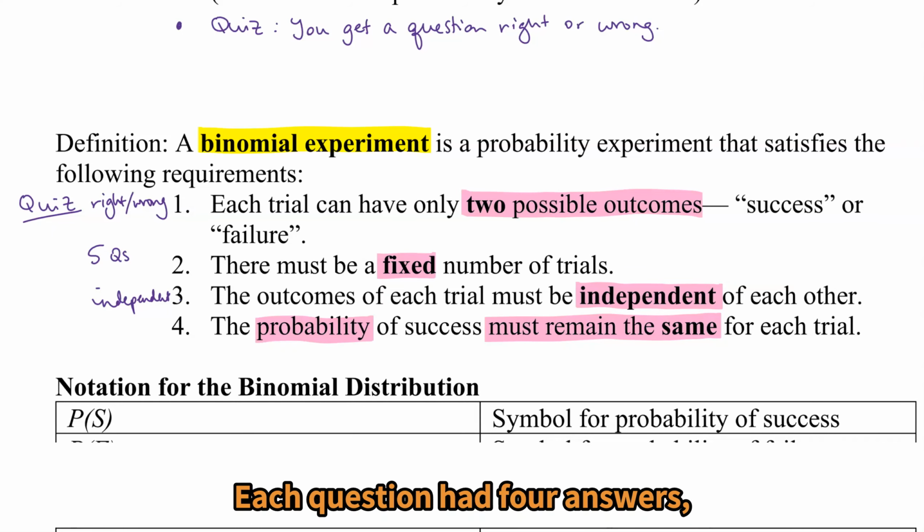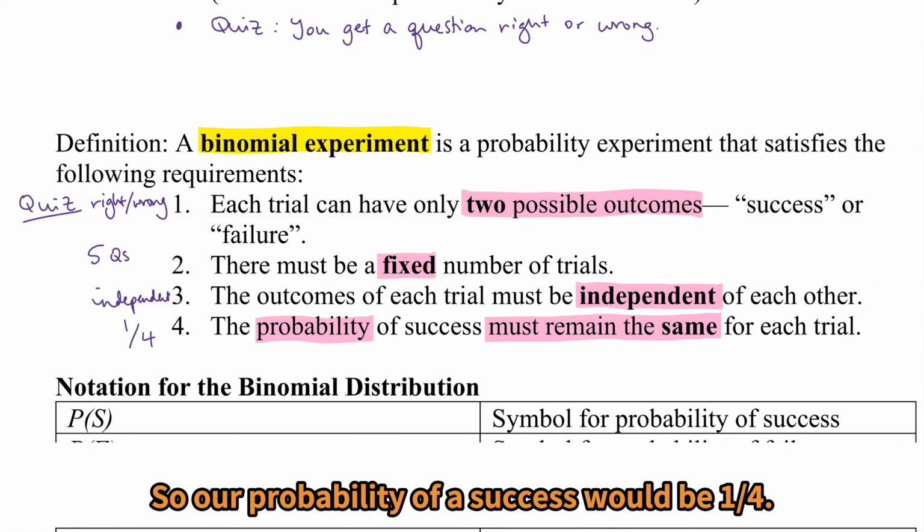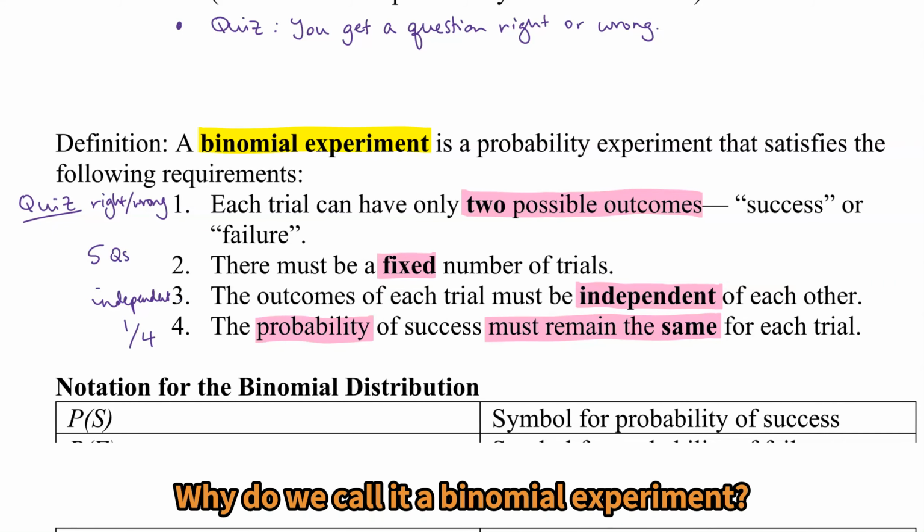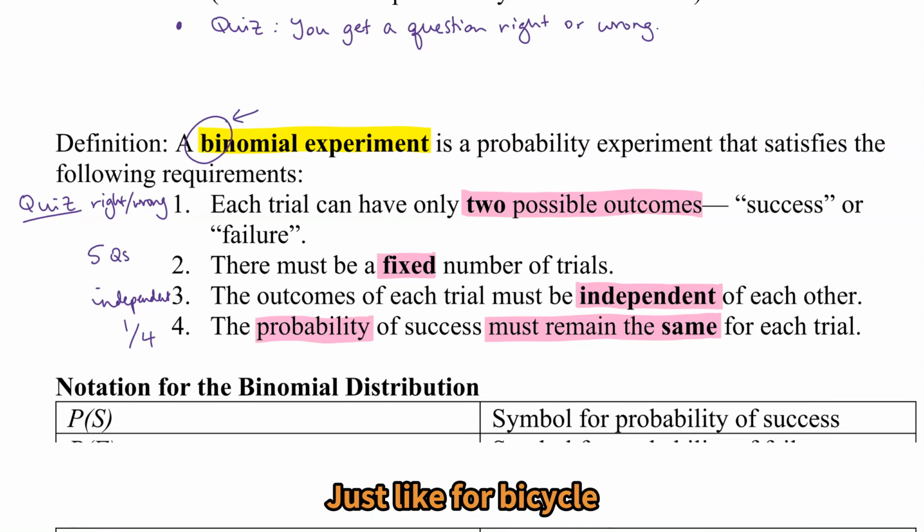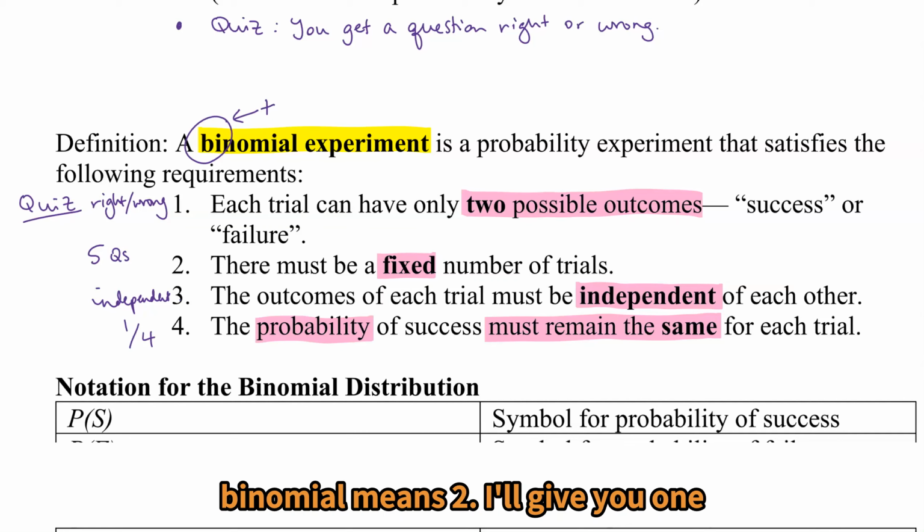Each question had 4 answers, and only 1 answer was correct. So our probability of a success would be 1/4. Why do we call it a binomial experiment? Just like bicycle means 2 wheels, binomial means 2.